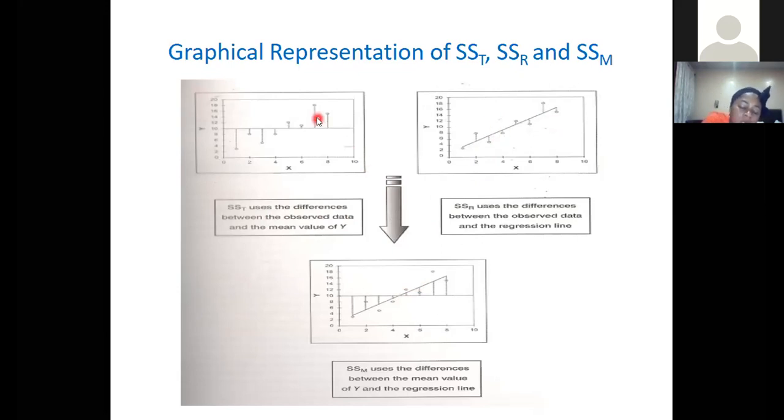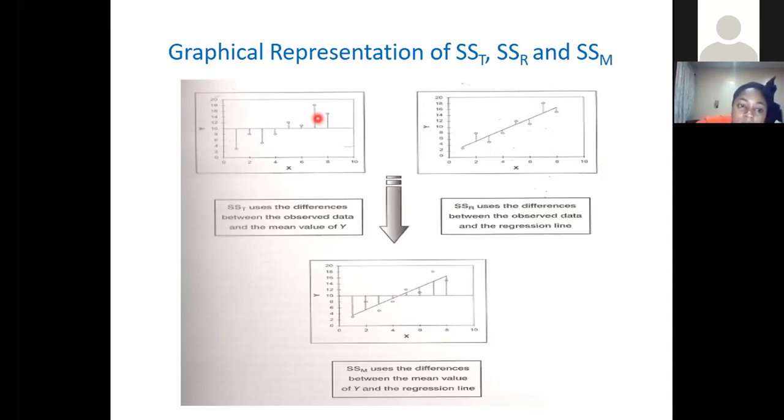Just as in the ANOVA, when you add sum of square between and sum of square within, it gives you the total sum of square. So what corresponds to the total sum of square in ANOVA is this one, and this total sum of square is represented by the mean here.